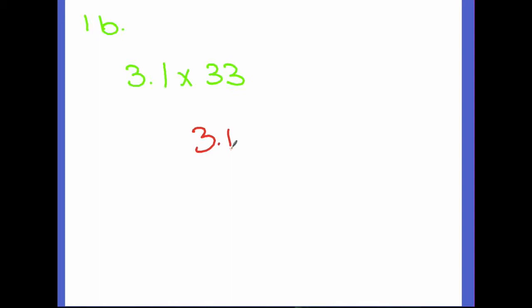Number 2. What's another way to write that number? Okay, so we could call it 3 1/10, or we could call it 31 tenths. And that's a pretty important detail in this lesson.